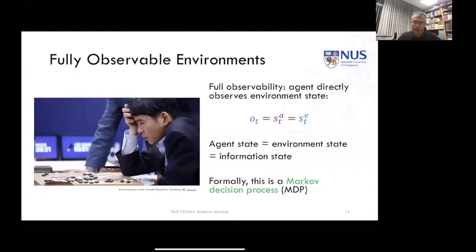In this case, the agent directly observes the environmental state, so the observation is congruent between the agent and the environment. We can model this formally, as we'll talk about in the post-lecture, as a Markov decision process, or MDP.